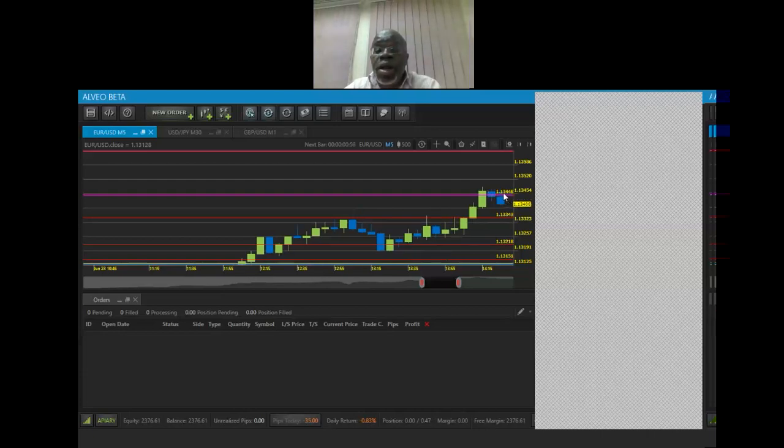The second candle has closed below, but has it crossed the measuring candle? Sorry, this one was a marker. At this point, this was actually the first one, the measuring candle.